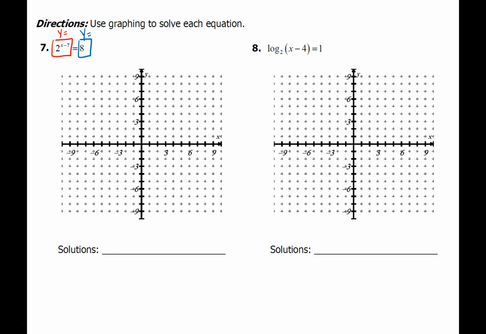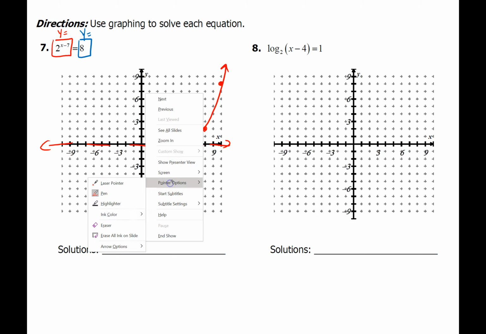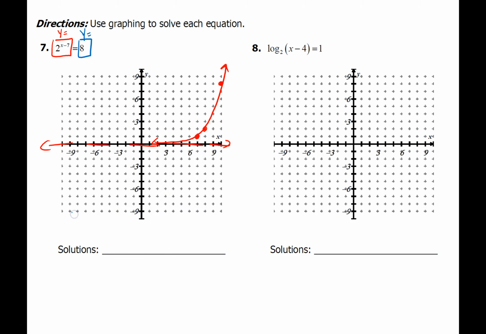So if I'm solving this one graphically, I had my exponential, let's see, what did we just say that was? 10, 8. There's a point up there, and then there was another one at, I think, 7, 1 was one of them, and 8, 2. And it had a horizontal asymptote here. So there's a nice sketch of my left-hand side in red, and my right-hand side was that horizontal line at 8.